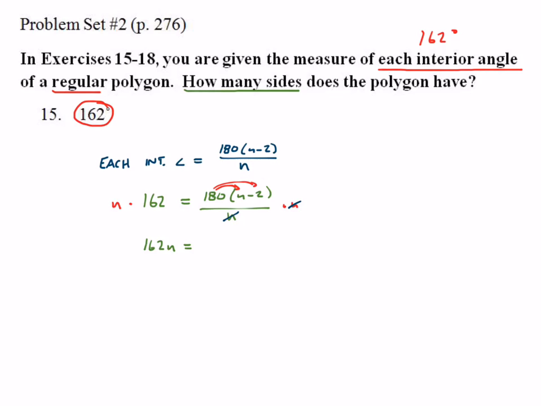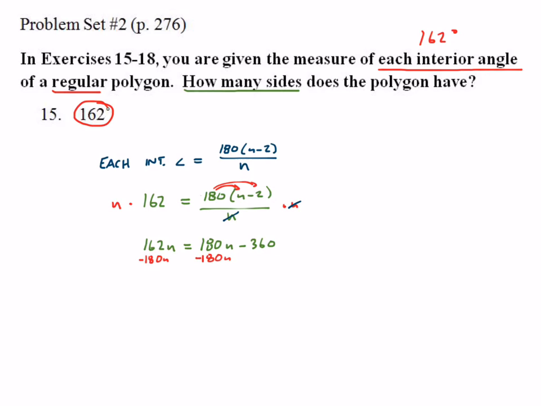So that's going to give me 180n minus 360. Now I have to get the n's all together on one side. Probably the easiest way is to move the 180n over by subtracting it from both sides.